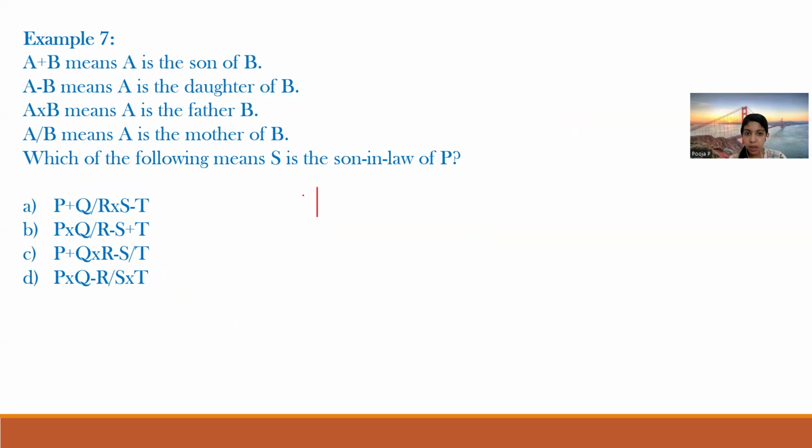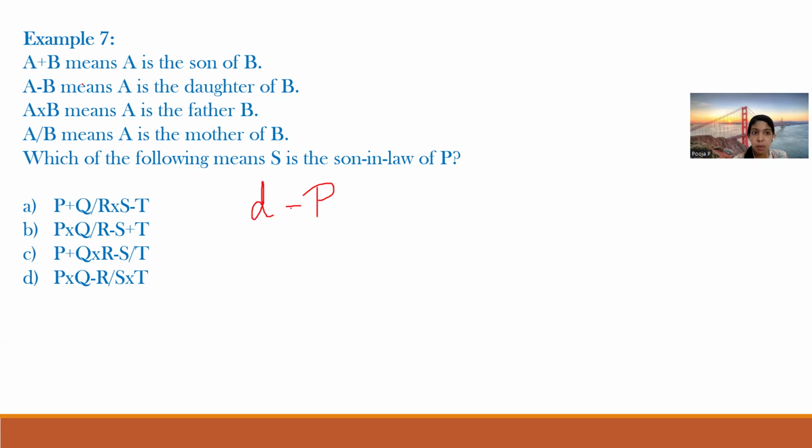So you have P, and P should have a daughter. Q minus P, but the daughter is not given, so we'll put it as small d.